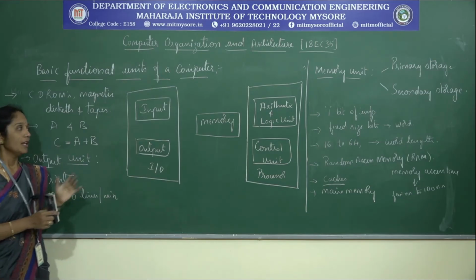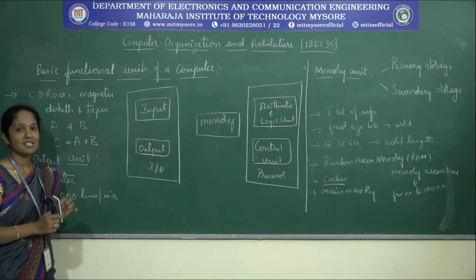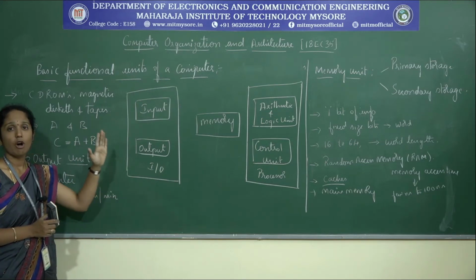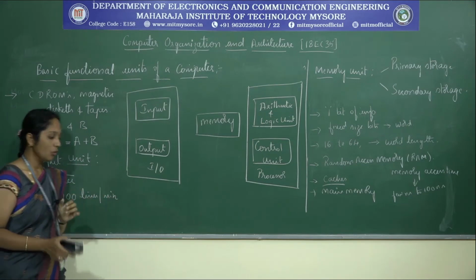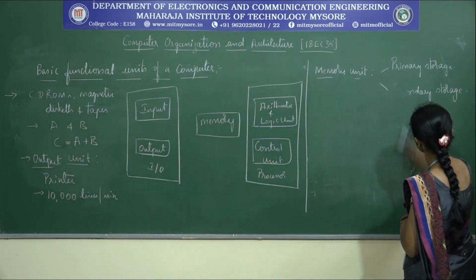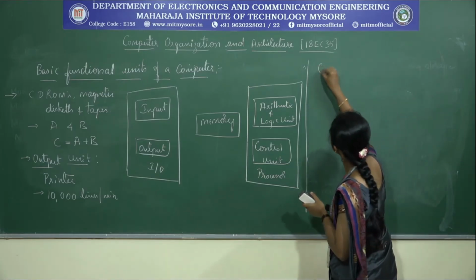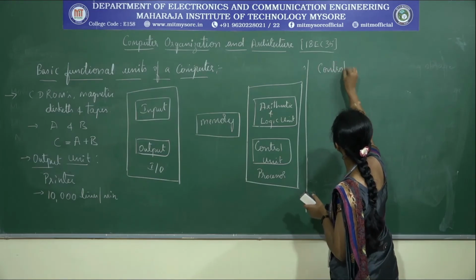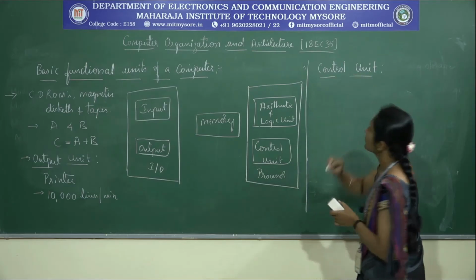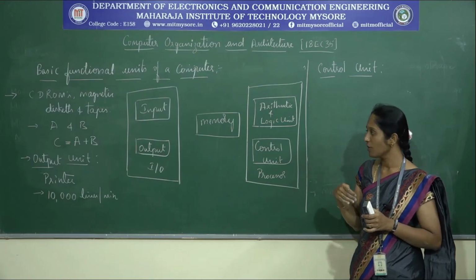Now the last unit we have is the control unit. As we discussed earlier, it is going to control the functions of all the other units. So now we have discussed that the input device accepts the input information.